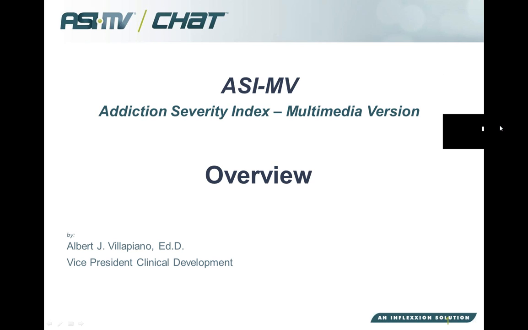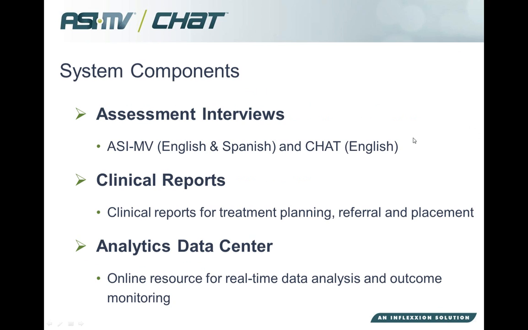In this training video, we'll give you an overview of the ASI MV Connect system. There are three main components to the ASI MV system: the assessment interviews, the clinical reports, and the analytics data center.